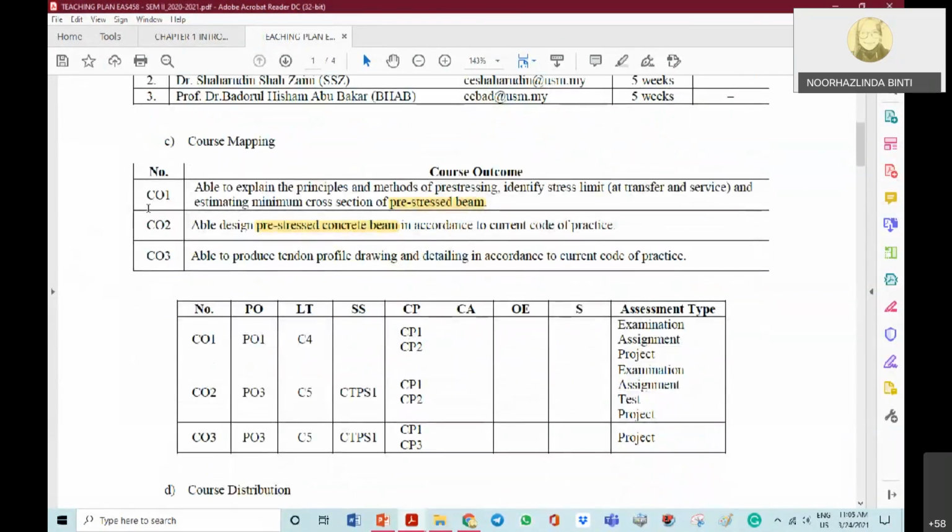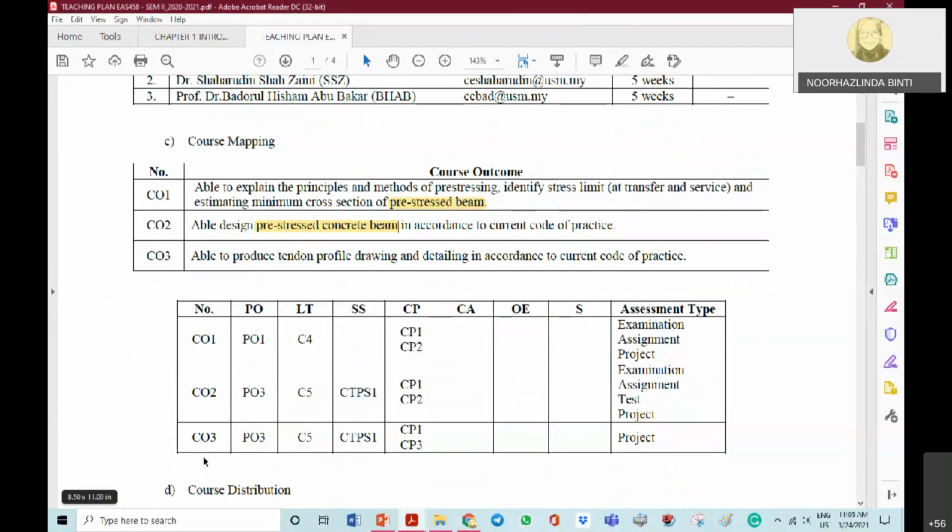And for each course outcome, there will be assessment, of course. CO1 will be assessed in exam, assignment, and project. CO2 is about design, the main thing of this particular course. So the assessment types will be exam, assignment, test, and also project.